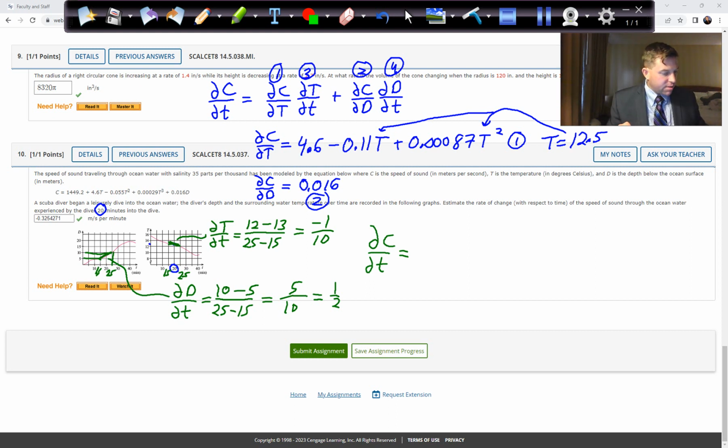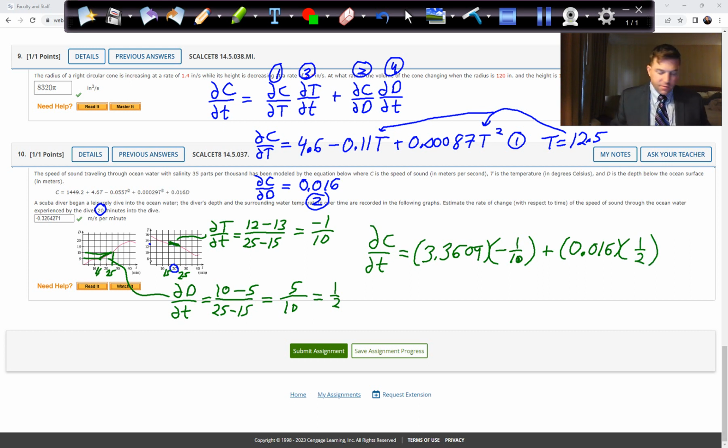I know there's a lot of work to do there, but what I got for my problem with these numbers is 3.3609 times dT/dt, which we said was -1/10, plus dC/dD, which is 0.16, times the change in depth with respect to time, which is 1/2.